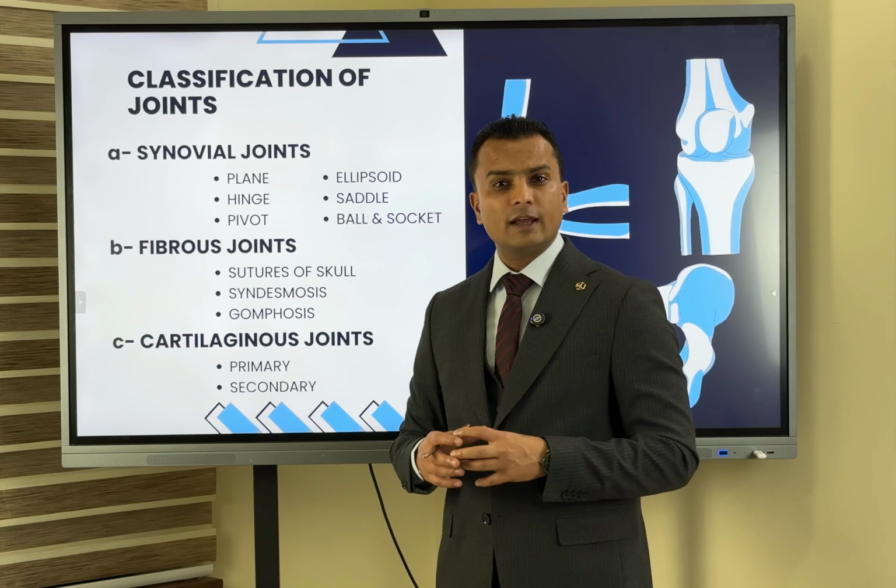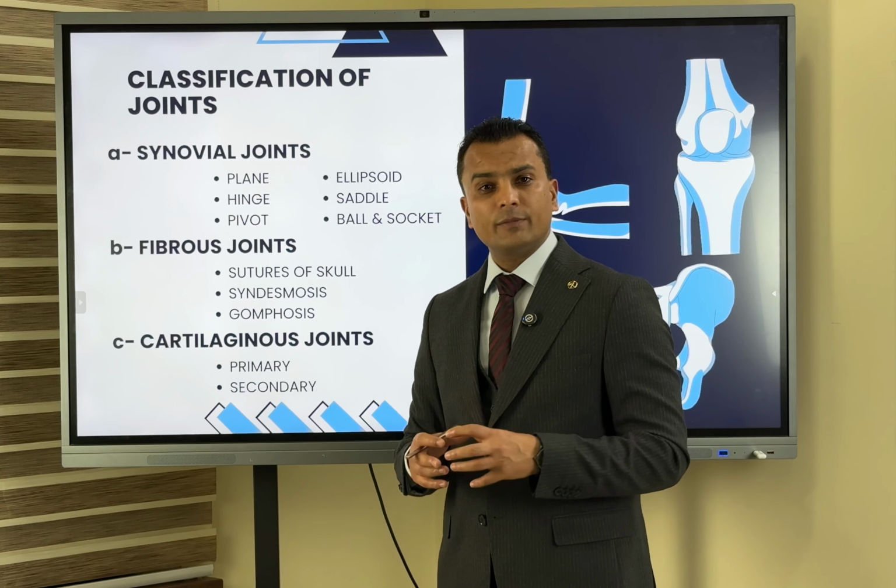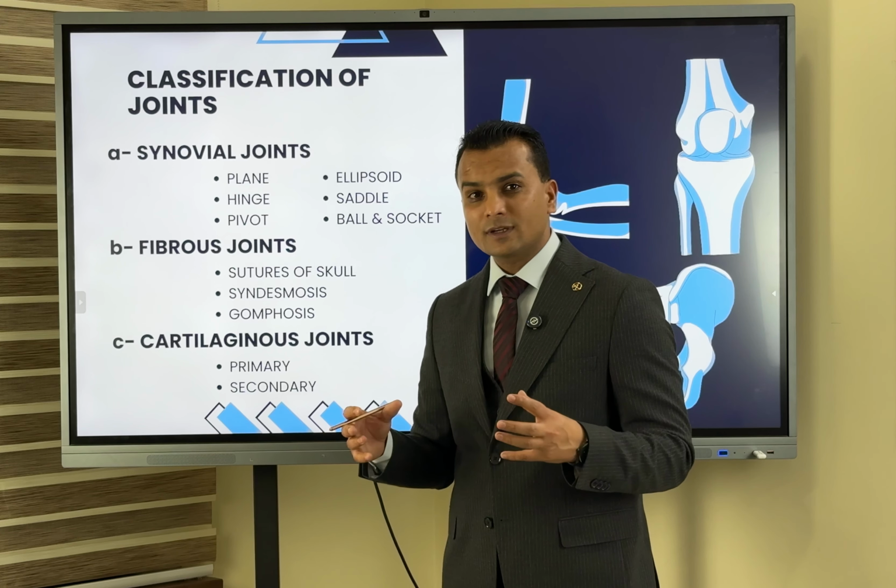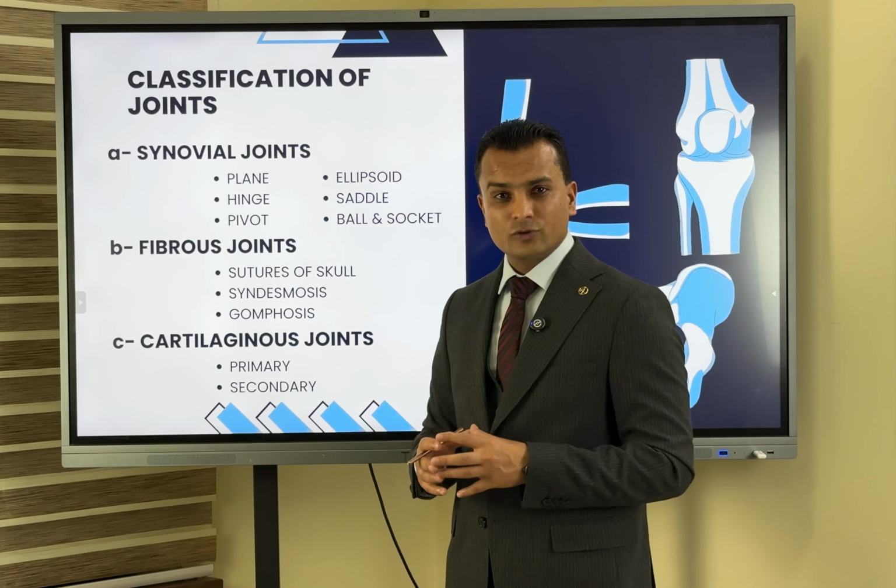Whenever we have pain or inflammation in our joints, it means there is something wrong in the synovial fluid, or in those fluid filled sacs called bursas, in case of arthritis or bursitis. We have to understand the clinical aspect of the joints also, especially those commonly involved in rheumatoid arthritis or osteoarthritis.